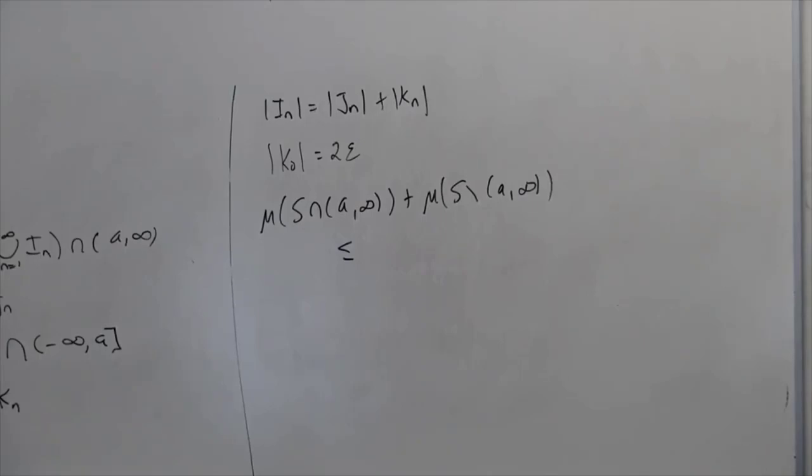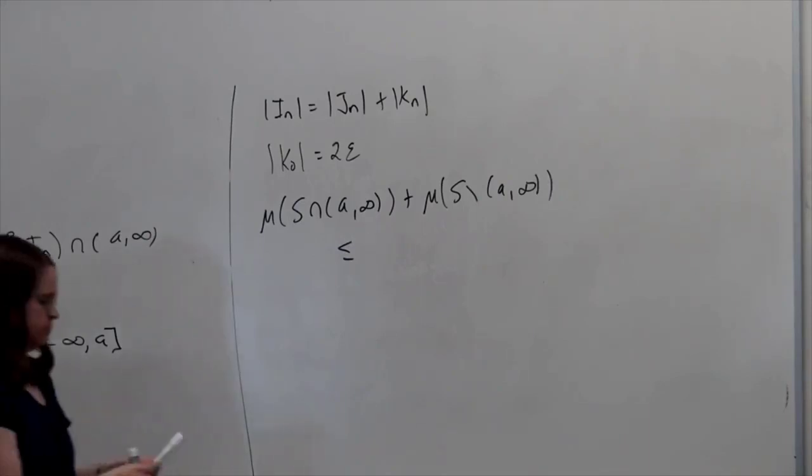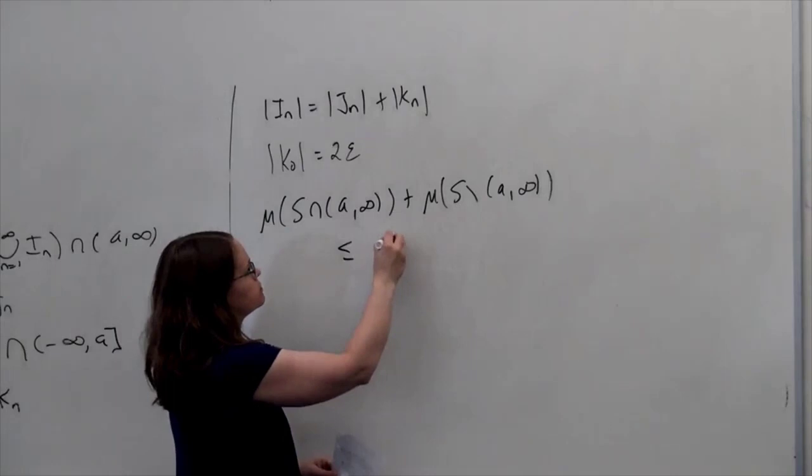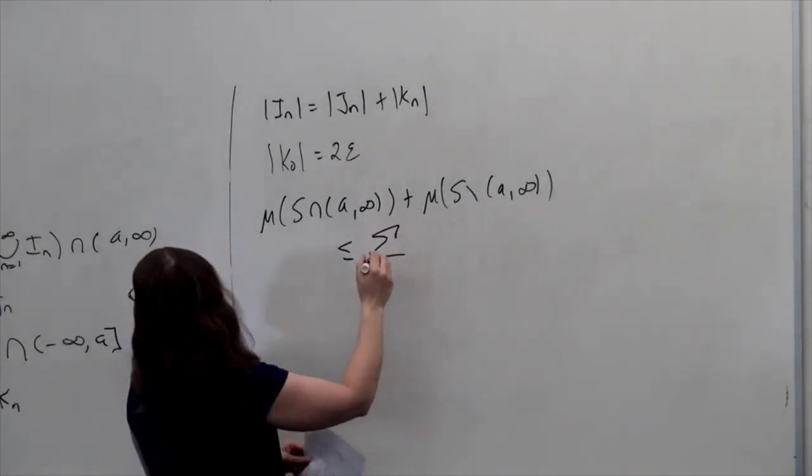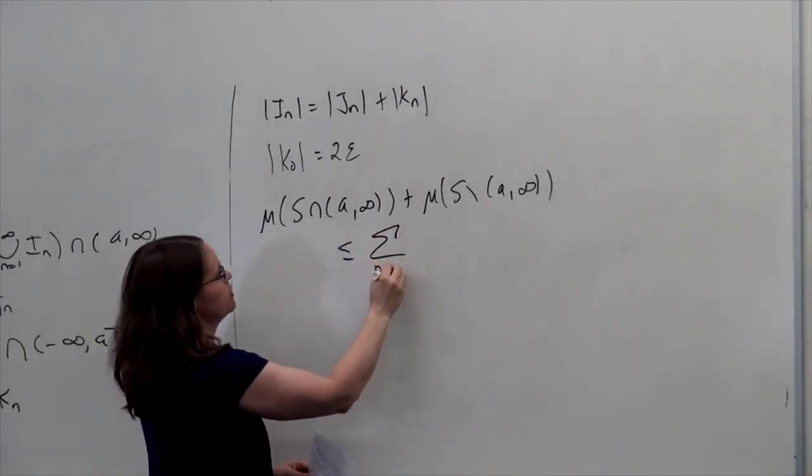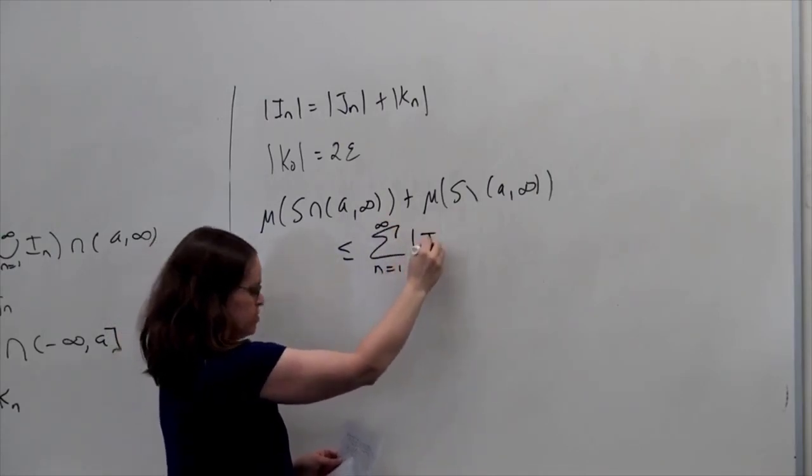Well, this set is contained in this union. So the measure of this is going to be bounded by the measure of this, which by subadditivity is bounded by the sum of these intervals. Sum from n equals 1 to infinity of the J_n's.